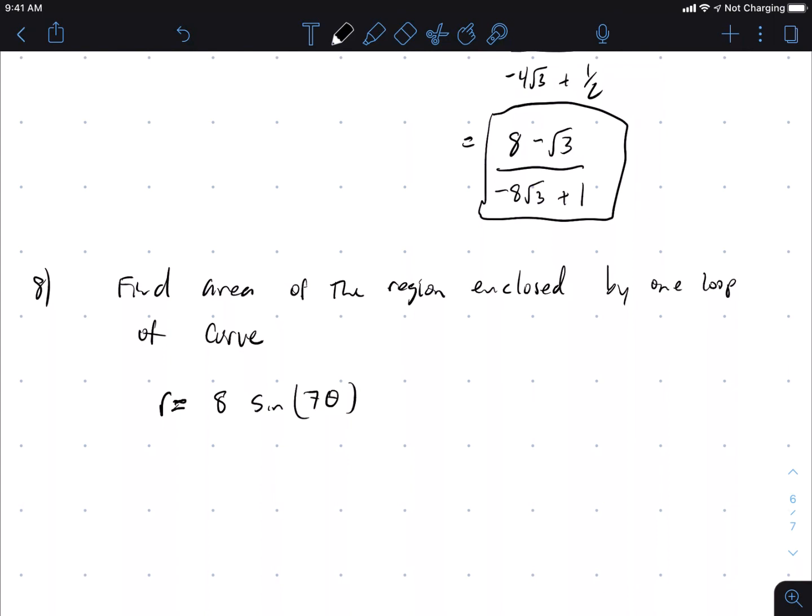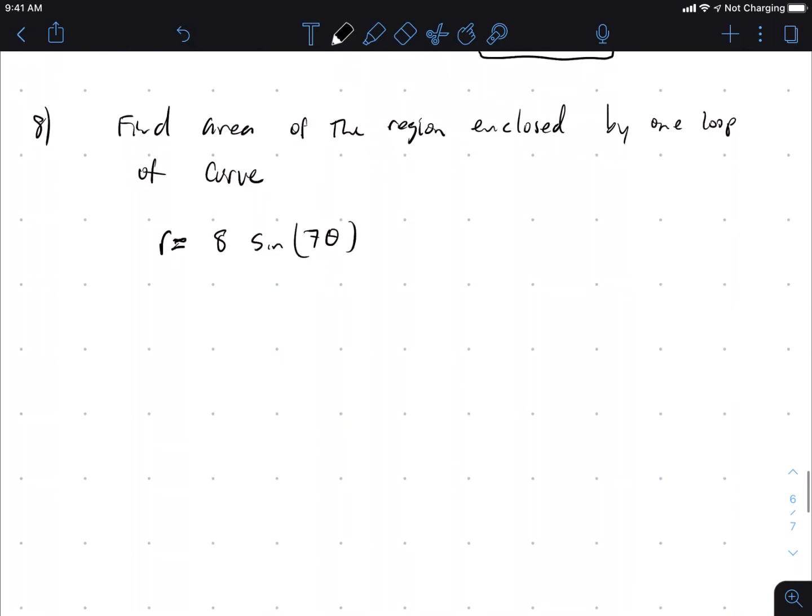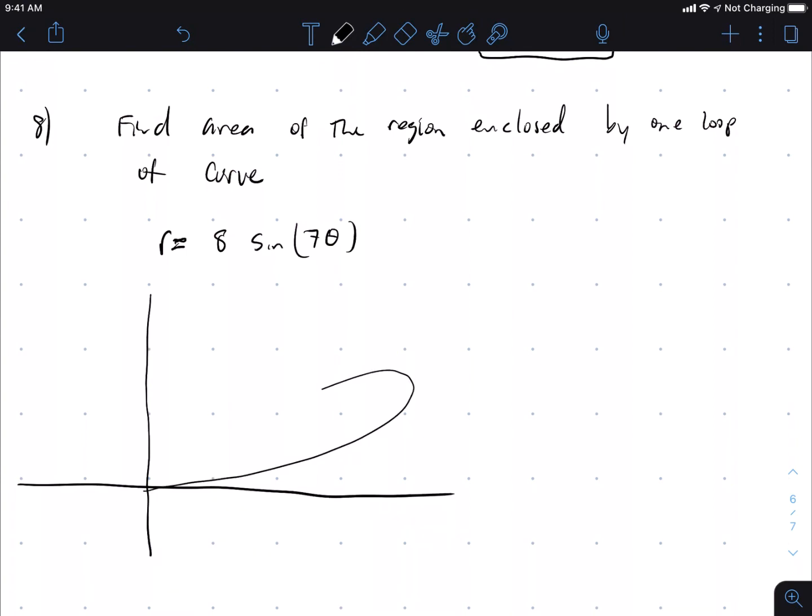On the calculator. Well, I could do it with the chart, but it just takes longer. Yeah, it takes forever. But if you can do it with your calculator, then it's a big thing. So I'm just going to take for granted that you guys can graph it. And so this thing's going to look something like this for one closed loop. And this is reaching all the way to 8. Okay?